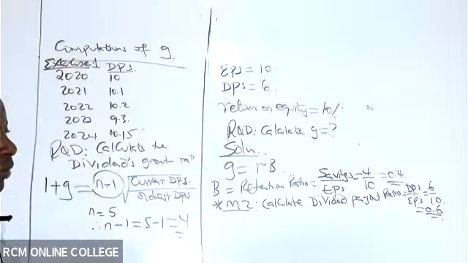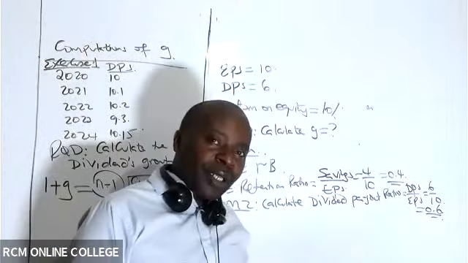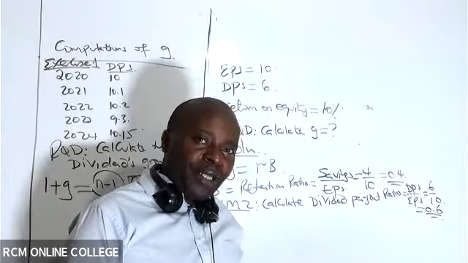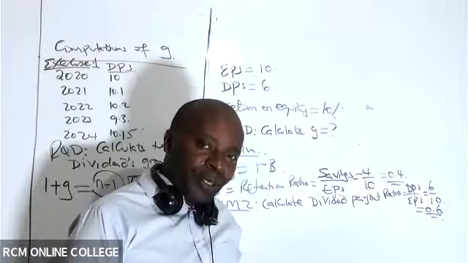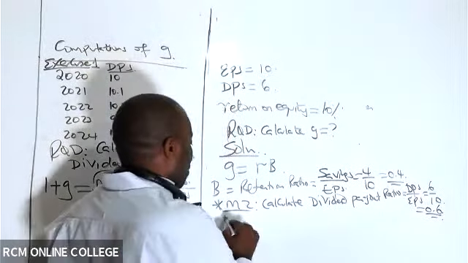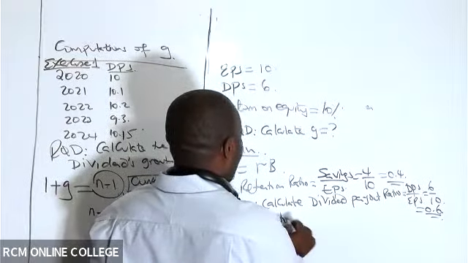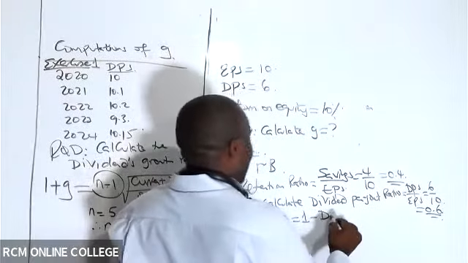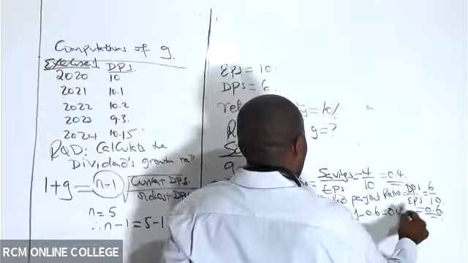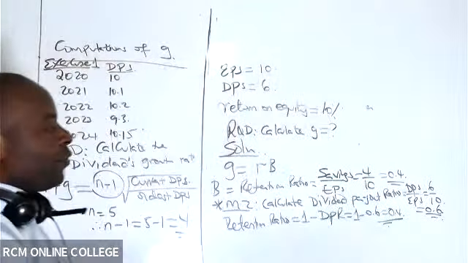Great. If the dividend payout ratio is 60%, what I'm able to pay out is 60%, which means what I'm able to retain is 40%.